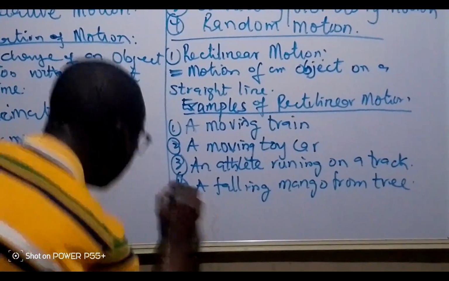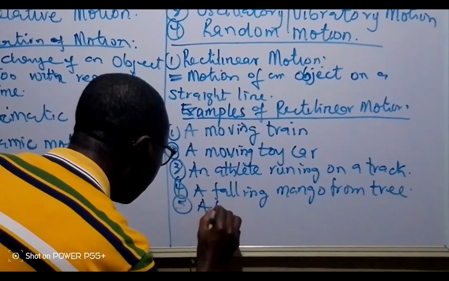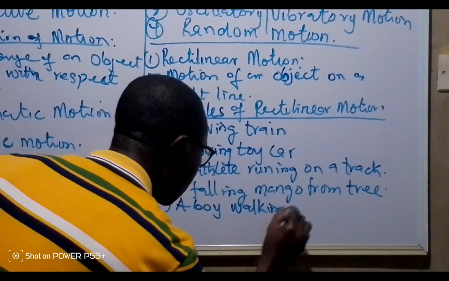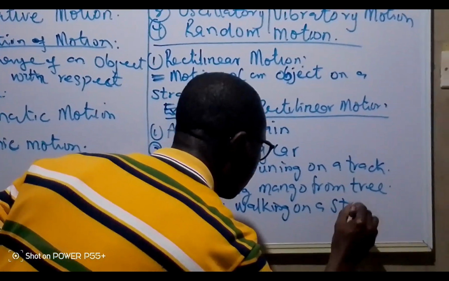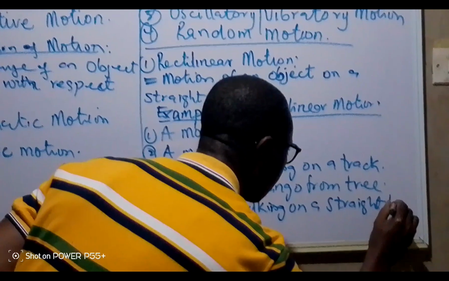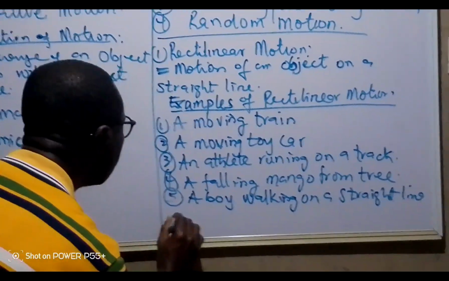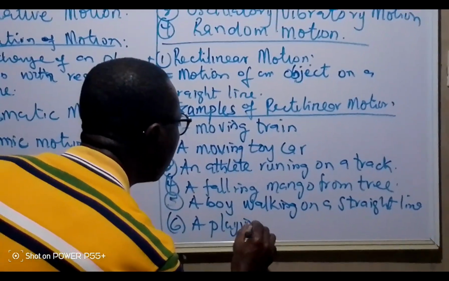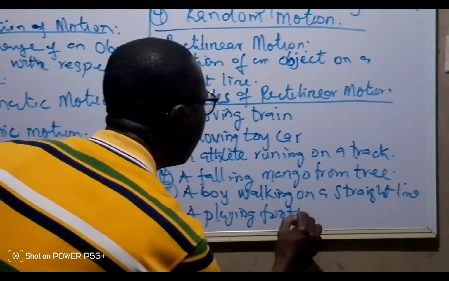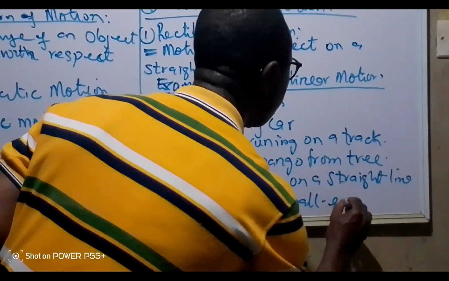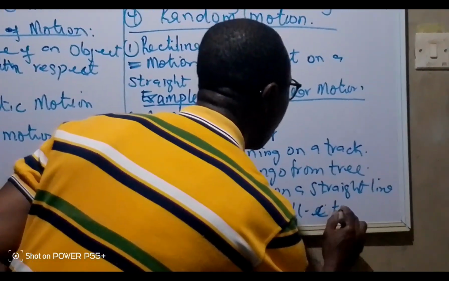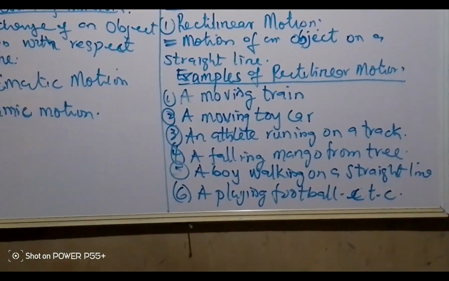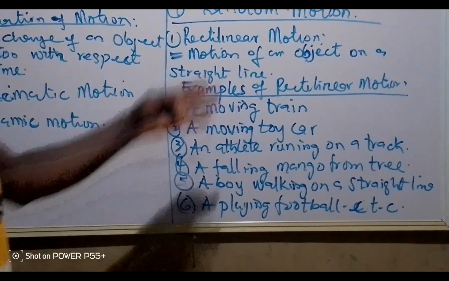Number 5, a boy walking on a straight line. Number 6, a plane, football, and etc. In short, any object moving on a straight line is a typical example of rectilinear motion or translatory motion.